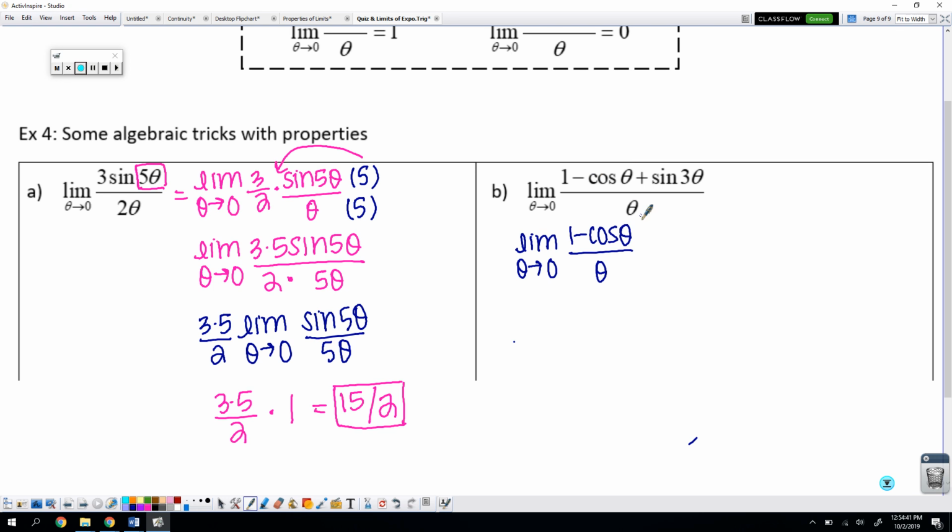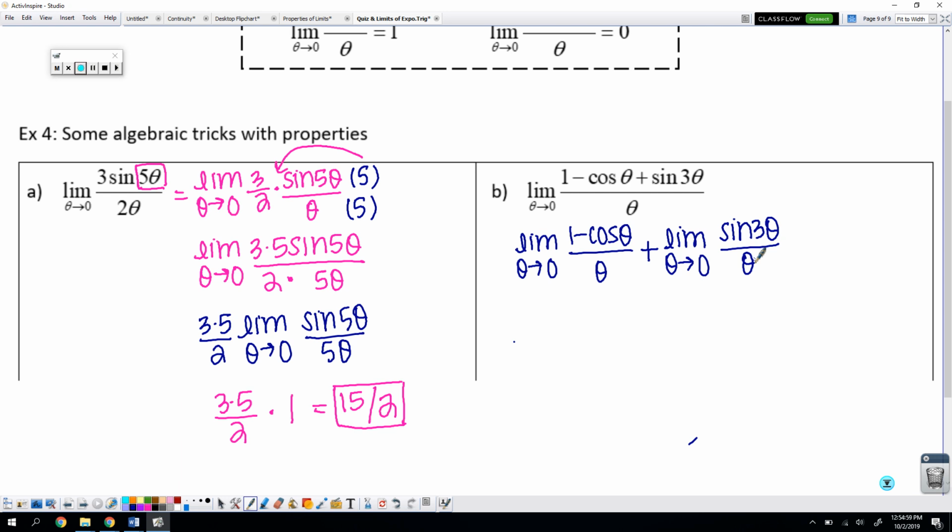And then when you separate, you write the limit as theta approaches 0 of sine 3 theta, and you need to have a theta down here as well.